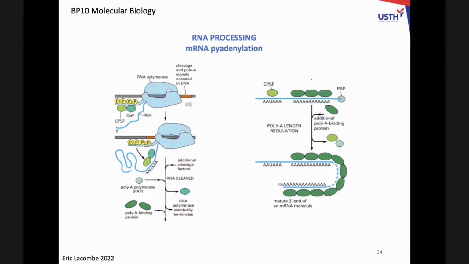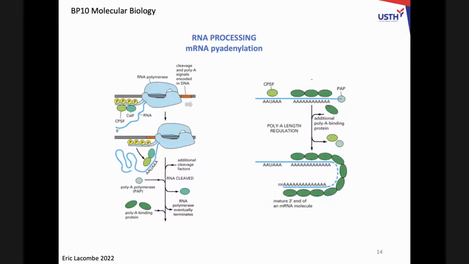What I want to say is that, for example, an RNA that contains a very long poly-A tail is going to be translated many more times than an RNA that has a short poly-A tail. We don't talk about translation in BP10, but during translation by the ribosomes, every cycle of translation shortens the poly-A tail.